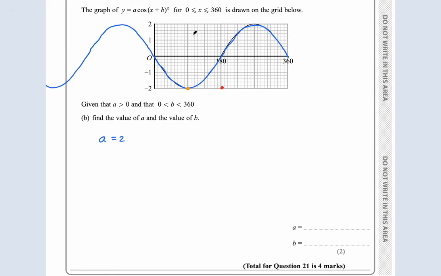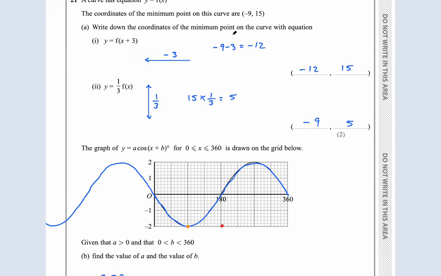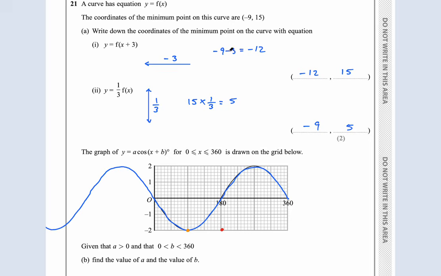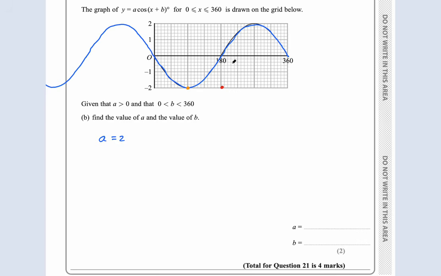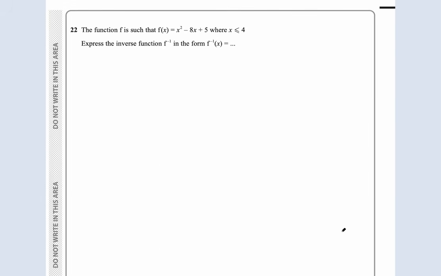I think actually part A, they're trying to kind of give you a hint to use that minimum to figure out this question. But how much left did we move the graph when we moved it from 180 to 90, because this will be 90 if this is 0. Hence, b has to be 90. So b is equal to 90. A is 2, b is 90. Okay, that was hard. Next question, 22.